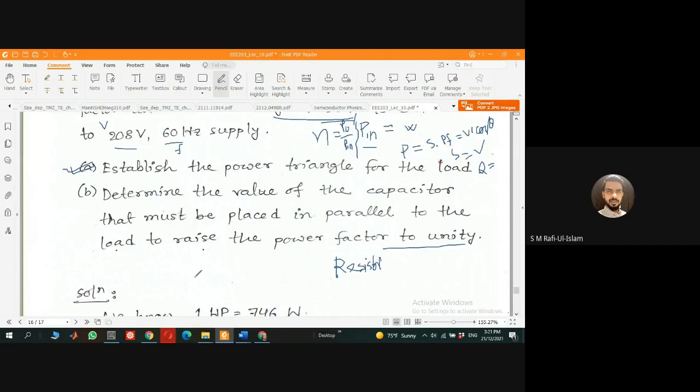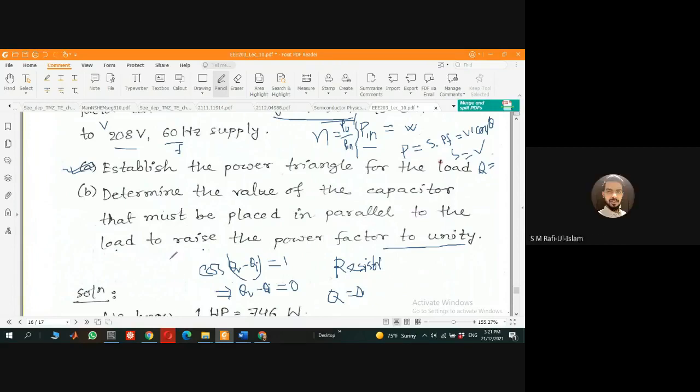Because cos of (theta v minus theta i) equals 1, theta v minus theta i equals 0. That means the phase difference between voltage and current is 0, meaning they are in phase, and the reactive part is 0 as well.